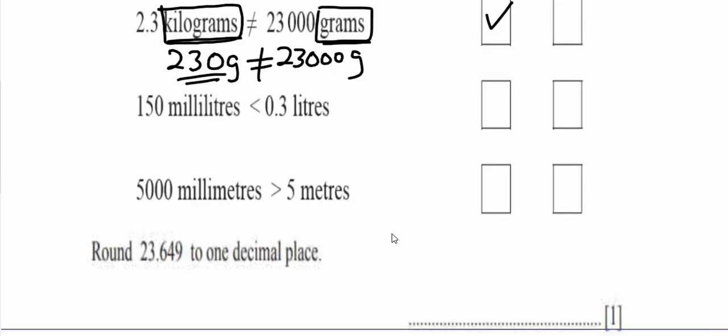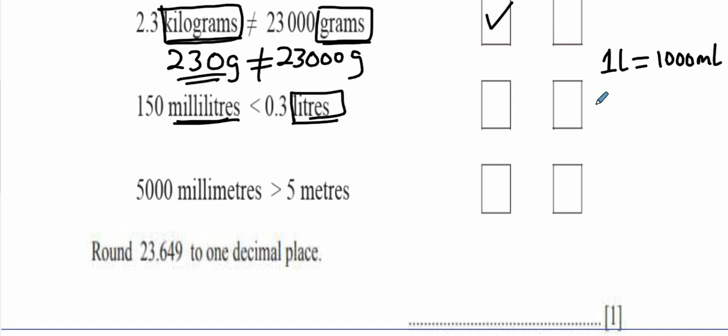Okay, how about this one? We have milliliters and we have liters. Now we have to change liters into milliliters. How? 1 liter equals 1000 milliliters. So if 1 liter has 1000 milliliters, how about 0.3 liters? Let me repeat the arrangement over here. We know for sure that 1 liter equals 1000 milliliters.